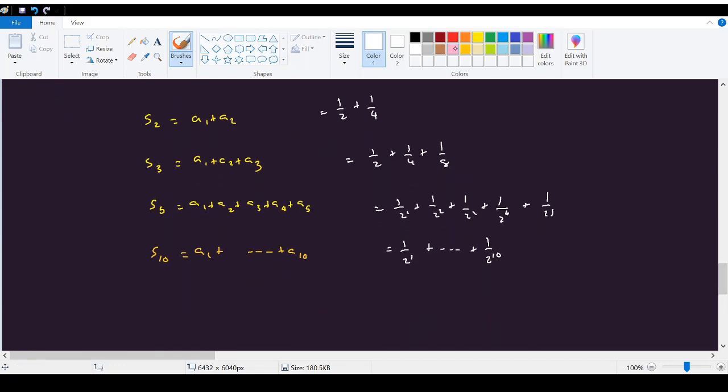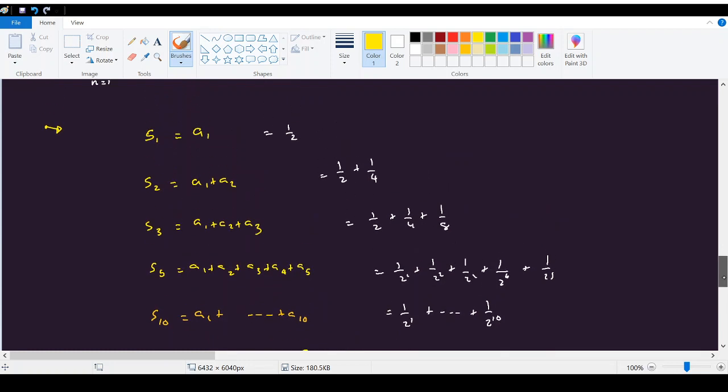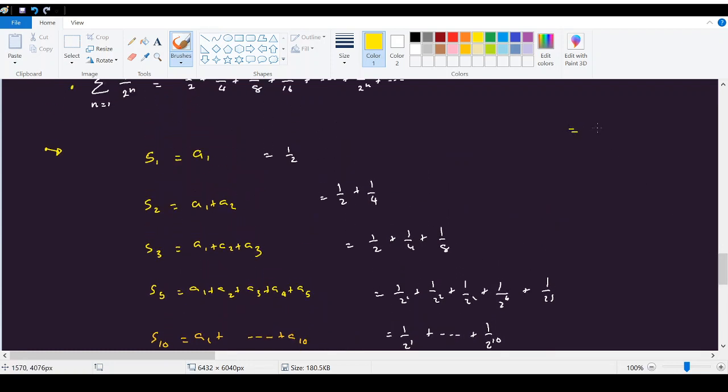And you can see if you write down these values, S20 means a1 up to the 20th term, and S25 is a1 up to the 25th term. If you compute in our specific example, you can see these values will be like this.